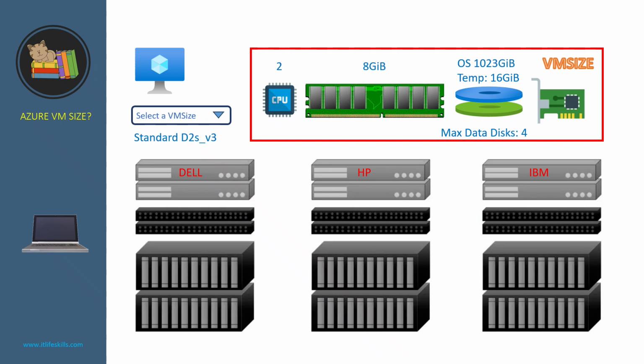And this VM size is equipped with 3.5 gigabit per second network bandwidth, and you can attach up to 2 network cards. Based on this VM configuration, Azure may provision your VM in this physical system.